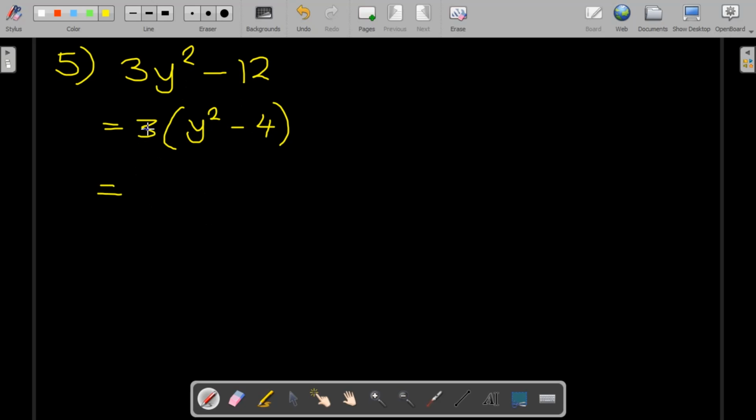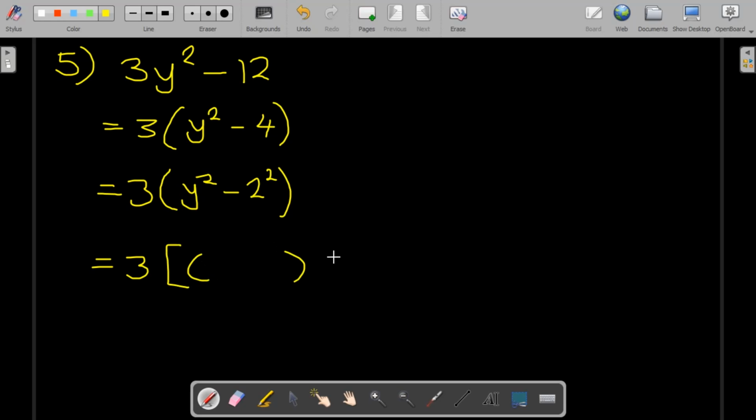And then from there, we'll say 3 open bracket y squared minus 4, it's the same as 2 multiplied by 2, so 2 squared, meaning it's 2 different squares. Remember, there's a negative and squares there, so it's 2 different squares. So I'll say 3 open bracket, open close and then open close.